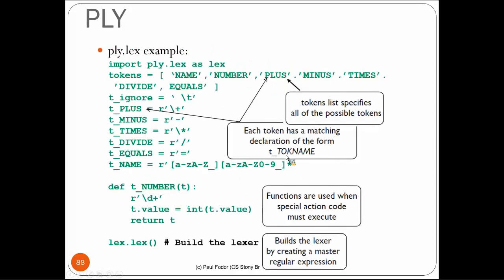And here we have an example of Lex first. We import ply.lex as lex, and then we define the tokens. First we enumerate all the possible tokens, and in this list we have name, number, plus, minus, times, divide, and equals. The regular expression for plus is a plus sign.